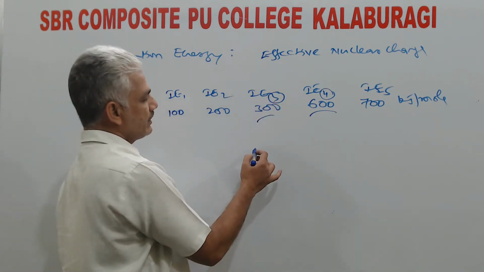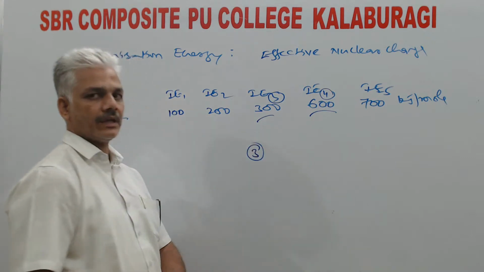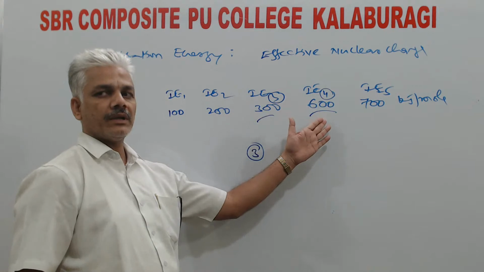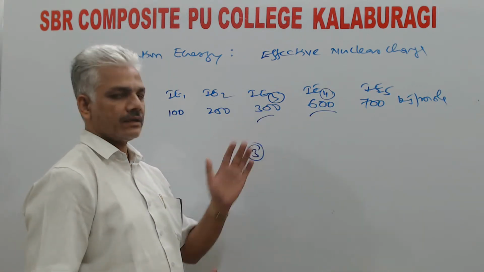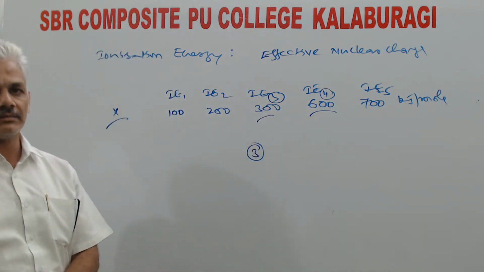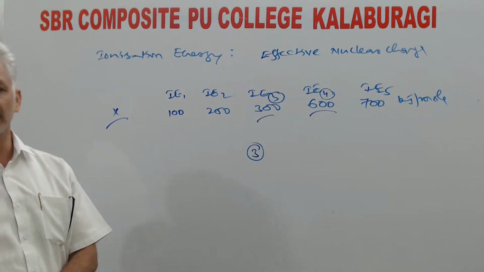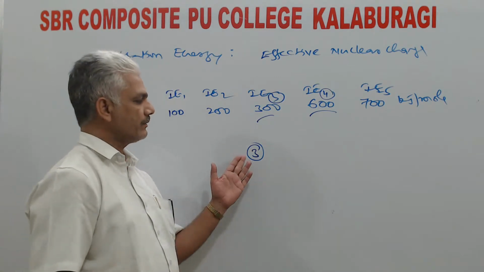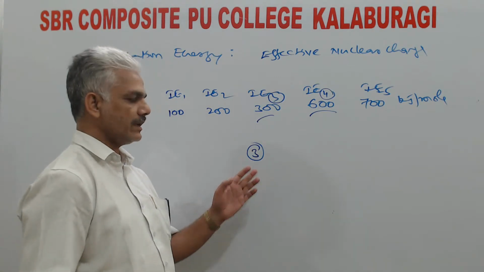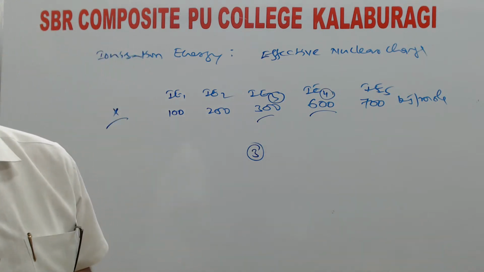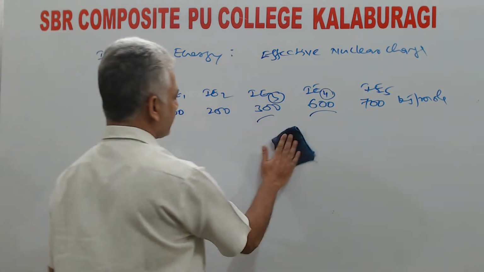Therefore, the stable valency of the element can be taken as equal to 3. So wherever an abnormal increase comes, there you can assess that the atom is coming across a stable electronic configuration, and from that we can predict the number of valence electrons. So these are the types of problems that you may come across.